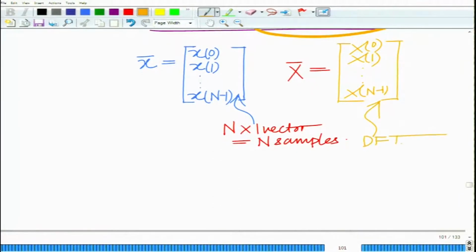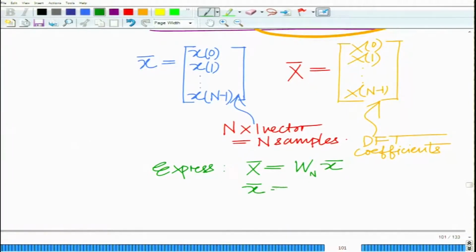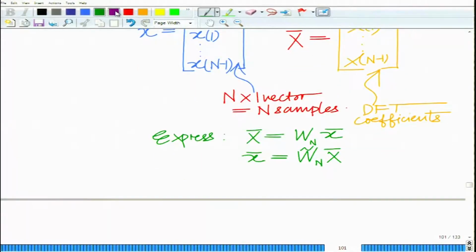This is your vector of DFT coefficients, and what we want to do is express the DFT, X bar equals the DFT matrix W of size n times x bar, and also the signal x bar as the inverse DFT of length n times X bar. Okay.